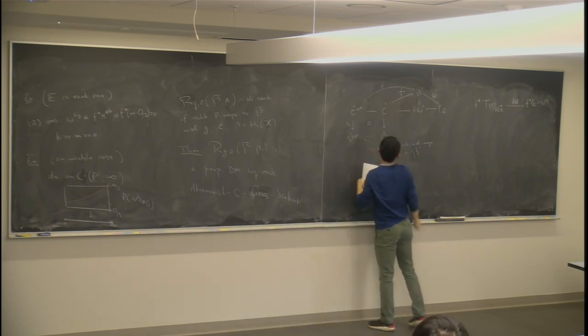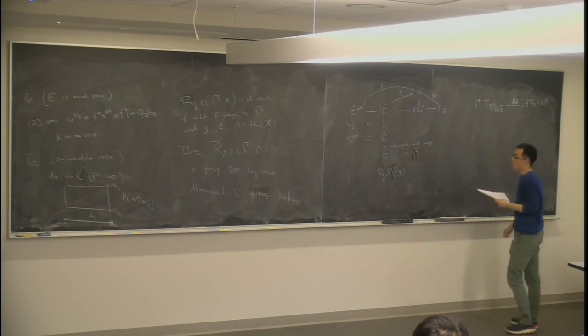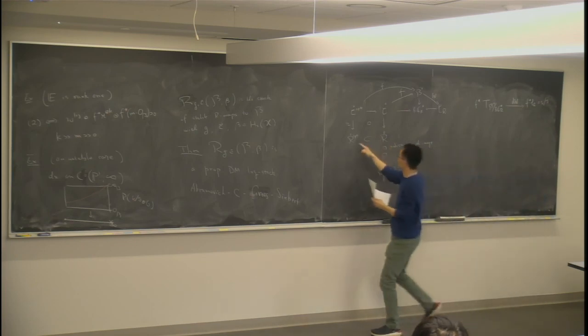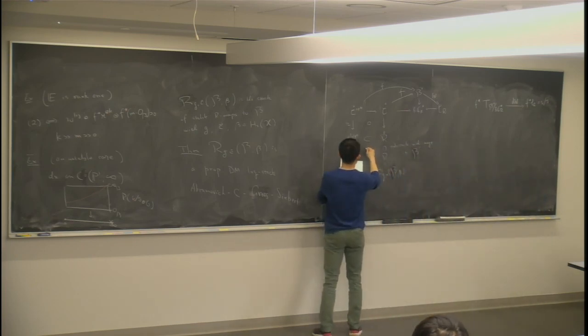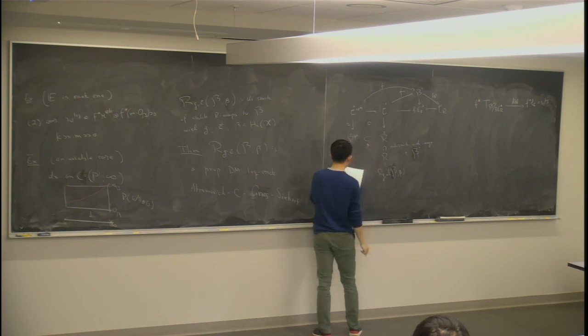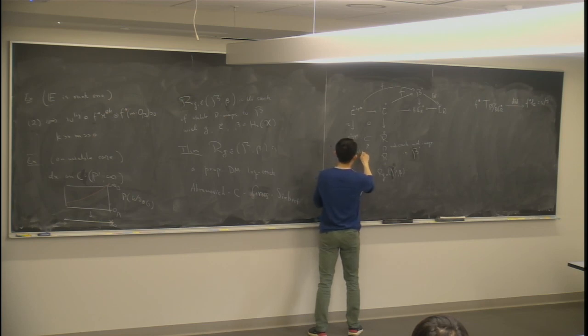Maybe I'll call it F as well. So now we restrict it to a substack. This has extra constraints on the marker points. So this substack is defined by markings with image in the zero section.